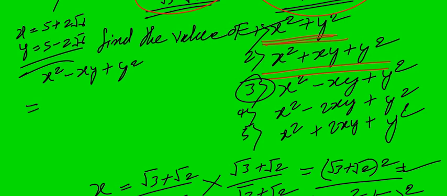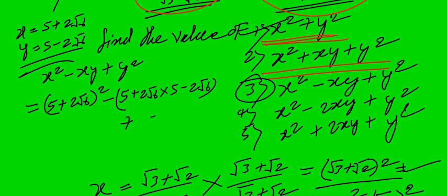So what you will write: for x square, we will write (5 plus 2 root 6) square, minus xy, we will write (5 plus 2 root 6) into (5 minus 2 root 6), plus y square, we will write (5 minus 2 root 6) whole square. So you will get the solution. It is a very simple question on how to find out. So whenever you solve the question, you will get the solution.